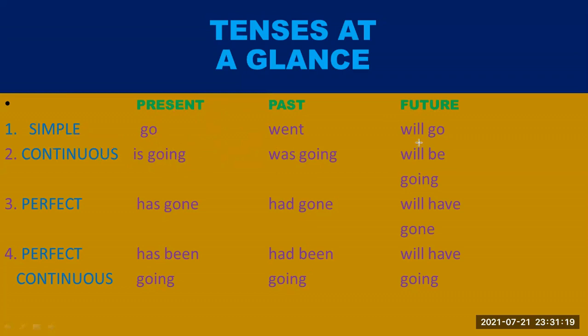The future simple will go, future continuous will be going, future perfect will have gone, and future perfect continuous will have been going. So what is missing here is been. All right, will have been going. All right, so these are the various tenses at a glance.